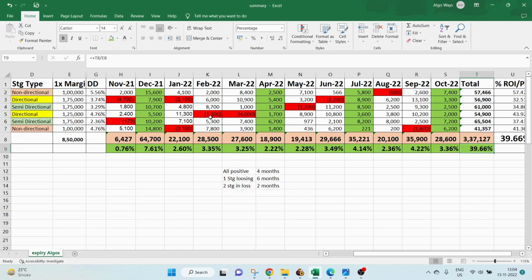So in a year I am telling, that will again keep it around 38% return per annum. So by doing this portfolio of strategies, we can maximize our monthly returns by planning the day wise different algo allocation.